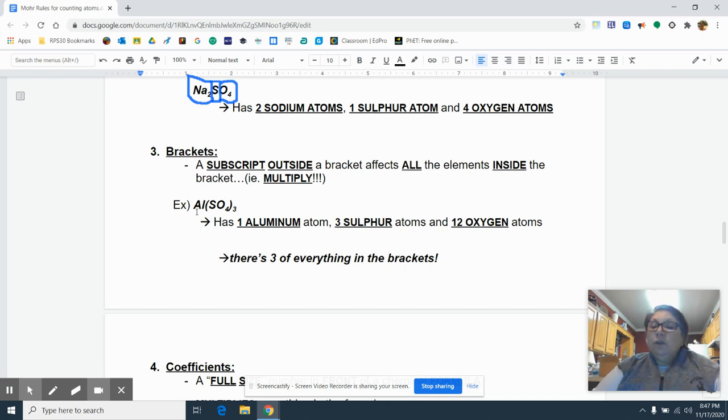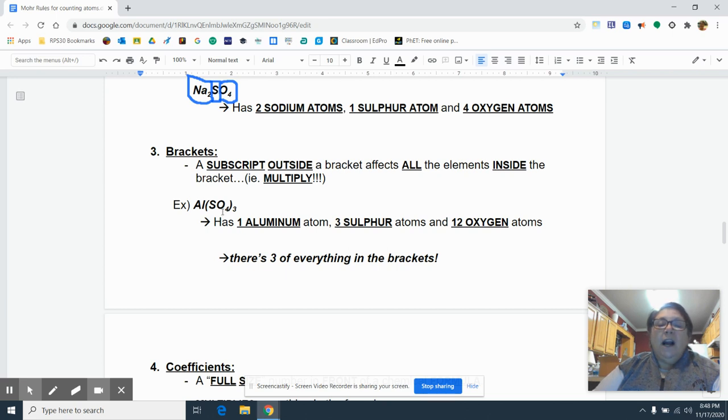Okay, if you look, the Al, or the aluminum, is outside of the parentheses, so it does not get involved with this subscript. I usually start with what's in the parentheses first. I know that I have sulfur. There's no coefficient after it, so there is 1 times 3 on the outside. So I have a total of 3 sulfur atoms.